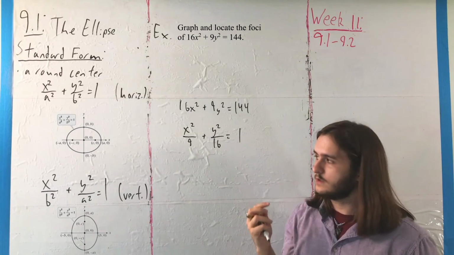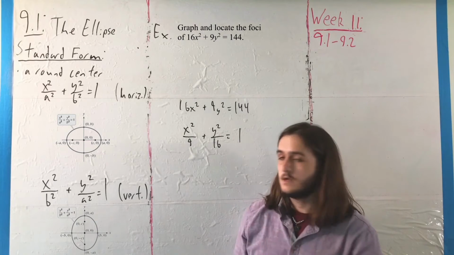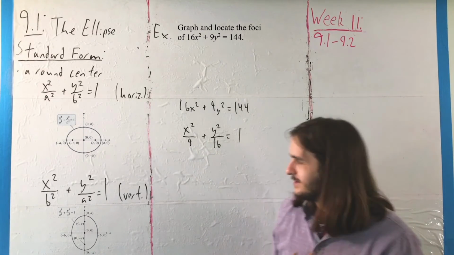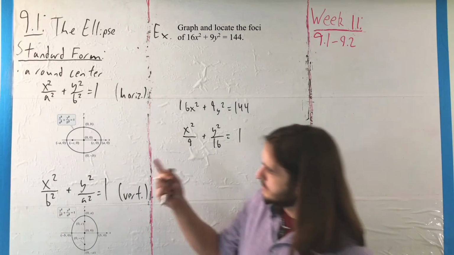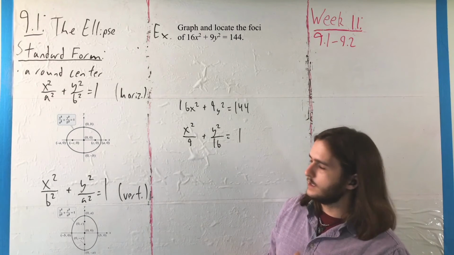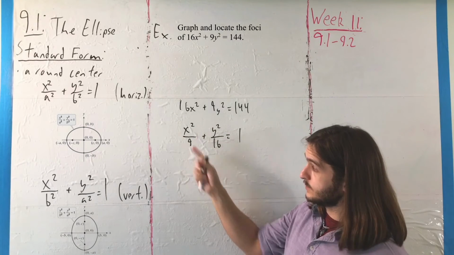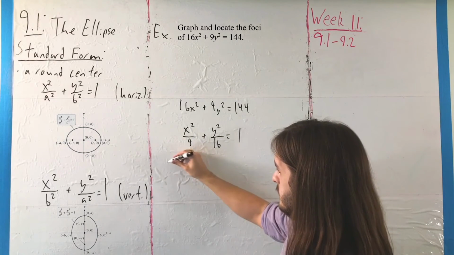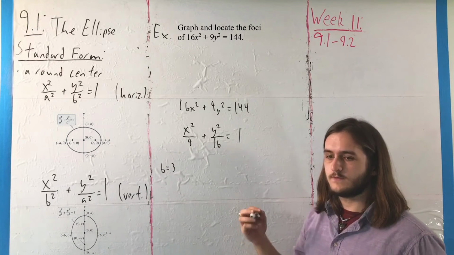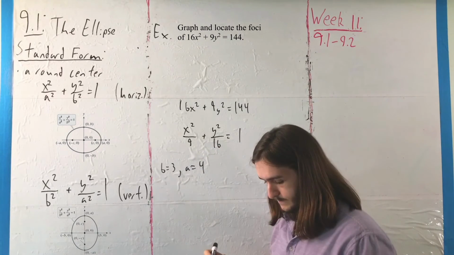As a result, we can think of what's going on here in terms of that vertical arrangement. You should be careful to notice that these are just switched a little bit around from the horizontal. So just pay close attention to which one of these is bigger, and that tells you what we're working with. In particular, we have x squared over 3 squared, so b is equal to 3, and y squared over 4 squared, so a will be equal to 4.